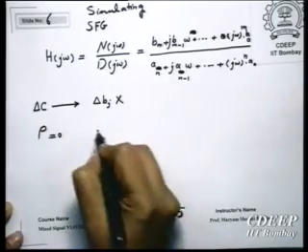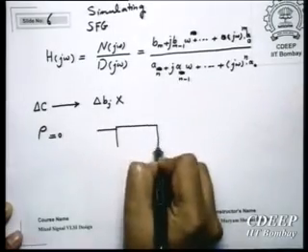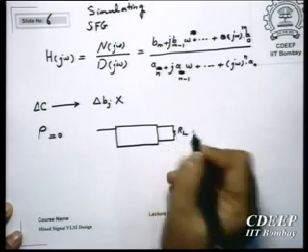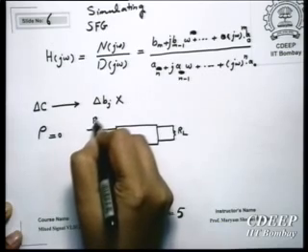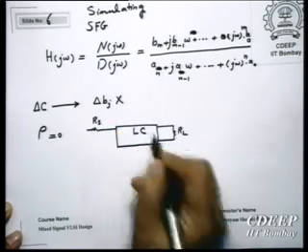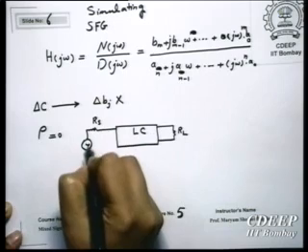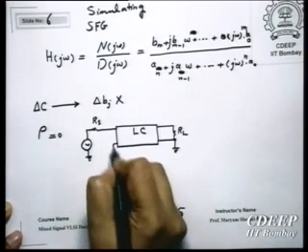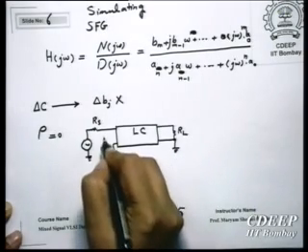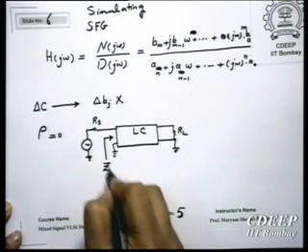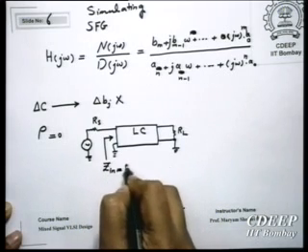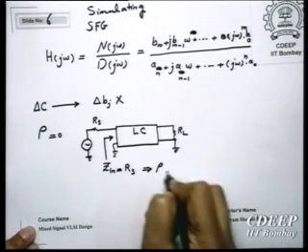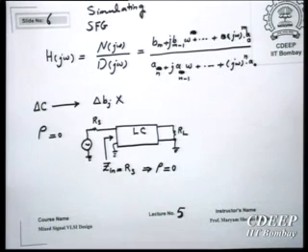What was rho? If I have a ladder filter, a two-port network with RS and RL, this is RS, and this is the LC ladder filter, and this is input. So the impedance I see from here is RS. In that case, I would say that rho, or the reflection coefficient, is equal to 0.